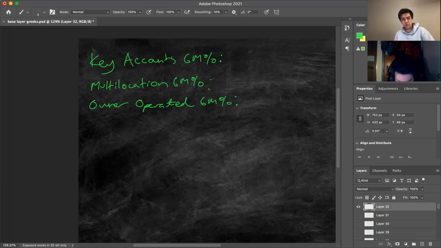So would the first gross margin percentage for key accounts be 2.91%? Yep. Okay. The next one would be 4.76%.